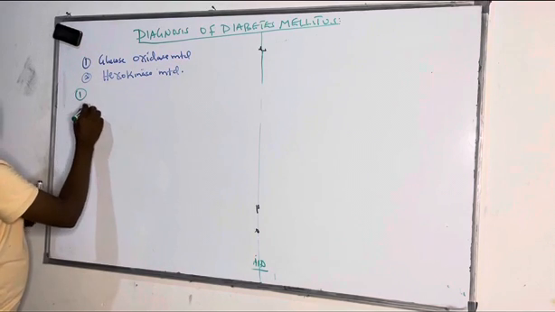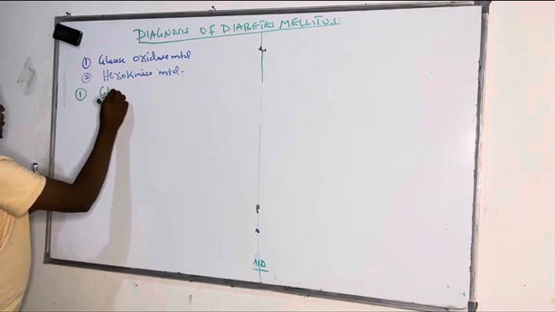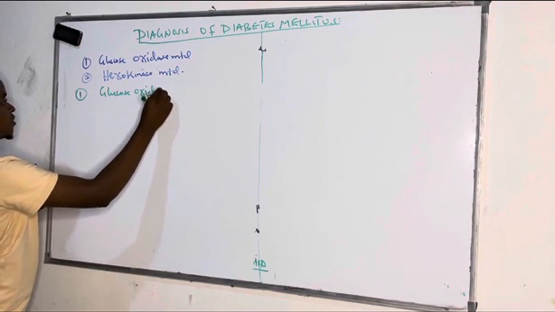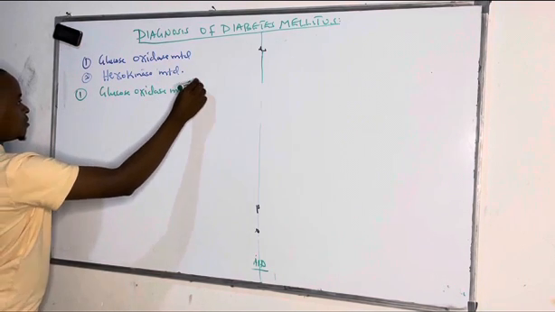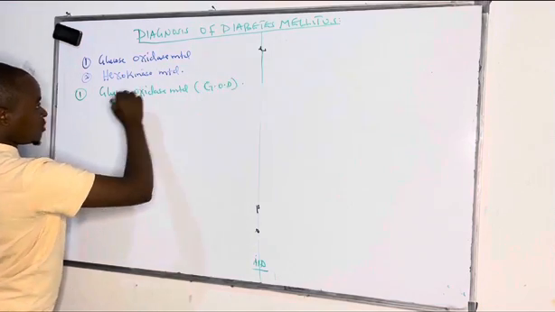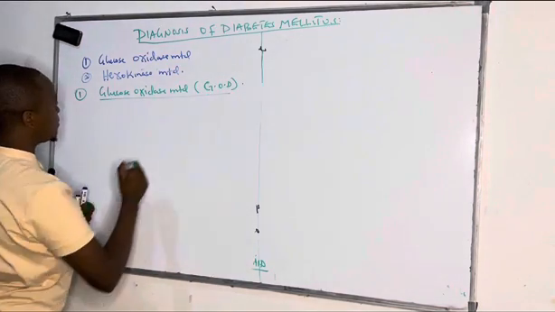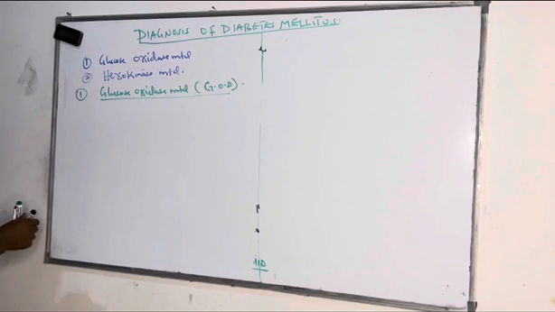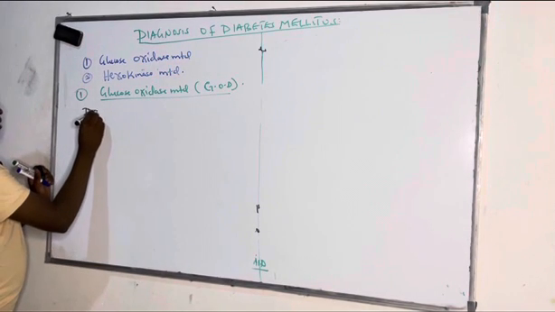And today in our discussion we want to begin with the glucose oxidase method, which we abbreviate as GOD. Glucose oxidase method. And under this method, it uses this principle.